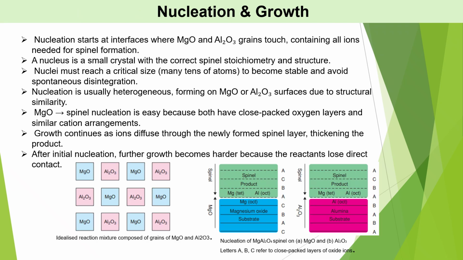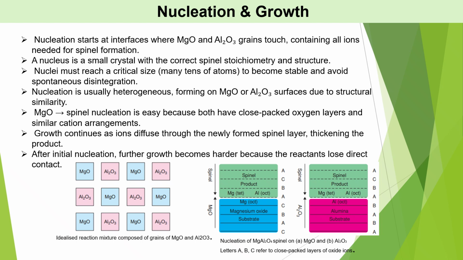Now let's look at nucleation and growth in solid state reaction. Nucleation begins at the interfaces where MgO and Al2O3 grains touch. These contact points contain all the necessary ions and therefore a small product crystallite or nucleus can form here.